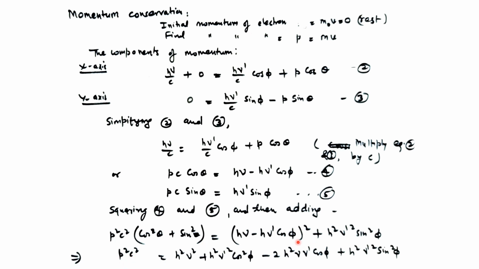And if we open this square, then p square c square, with cos square theta plus sin square theta equal to 1, equals h nu square plus h nu prime square cos square, minus 2 times h nu into h nu prime cos phi, plus the second term h square nu prime square sin square phi.